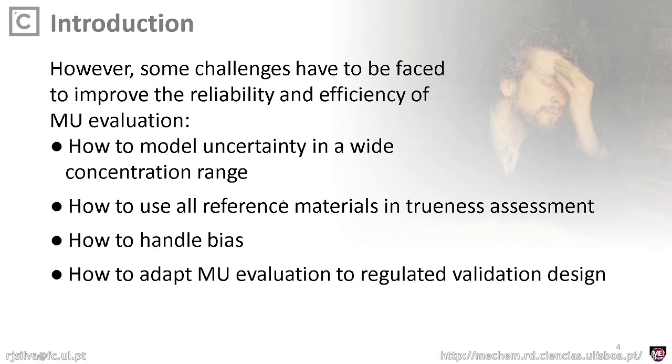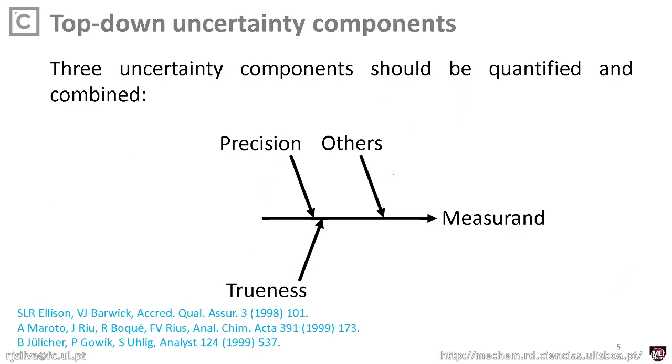Some examples are how to handle the variation of the uncertainty in a wide concentration interval, how to use all reference materials available for trueness or bias assessment, how to handle bias, and in some fields where you have regulated method validation design, how can you use that design to evaluate your measurement uncertainty? Because typically this design was not defined having in mind the need for this uncertainty evaluation.